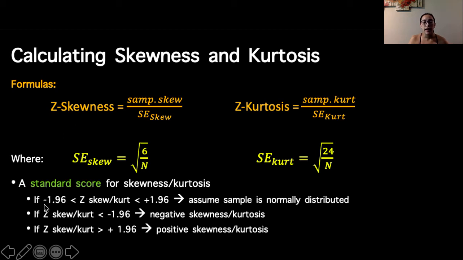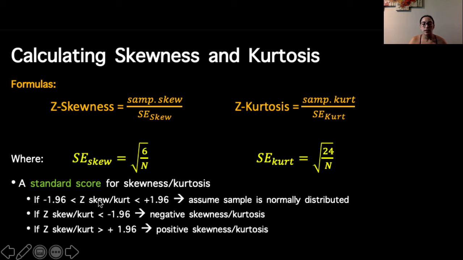So if you have less than minus 1.96 for skewness or kurtosis, that's going to reflect negative skewness or negative kurtosis.